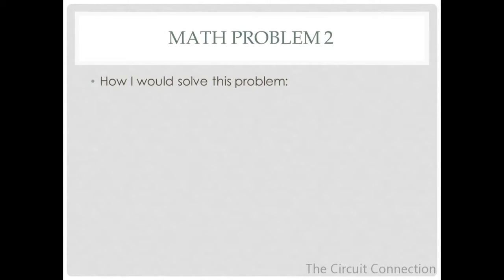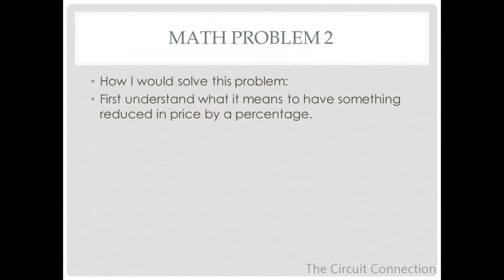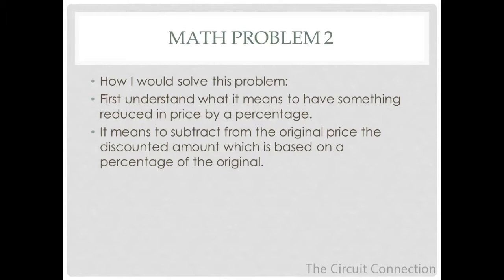So how would I solve this problem? Well, first of all, you have to know what it means to have something reduced in price by a percentage. It means to subtract from the original price the discounted amount, which is based on a percentage of the original.